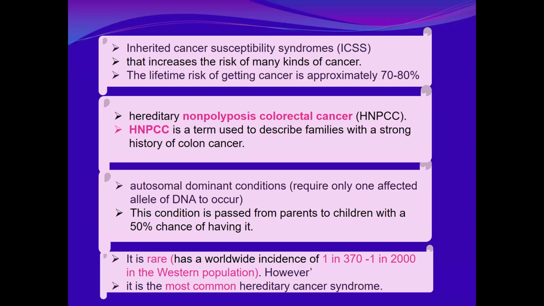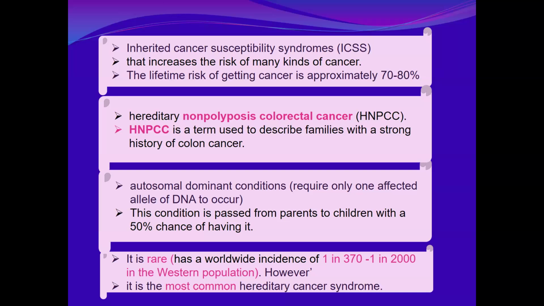It is autosomal dominant, which means it requires only one affected allele of DNA to occur, and the condition is passed from parents to children with a 50% chance of having it.